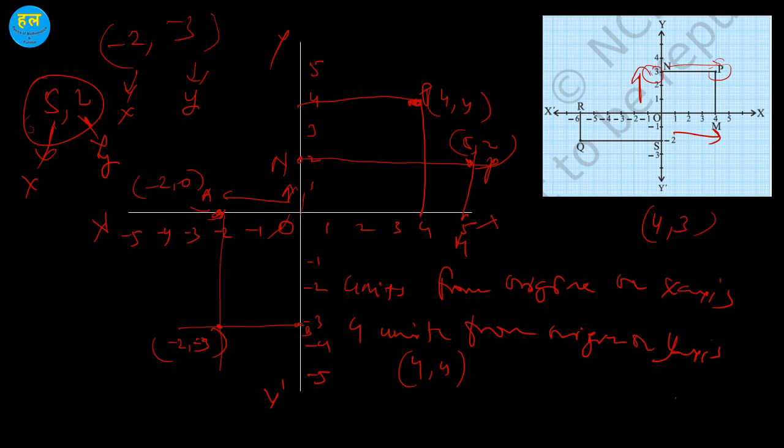This point is -2 comma 0, and this point here, since it is on the y-axis, so this will be 0 comma -3. Okay, next, slowly we'll get clarity. Again, we have one question here, example number 1.